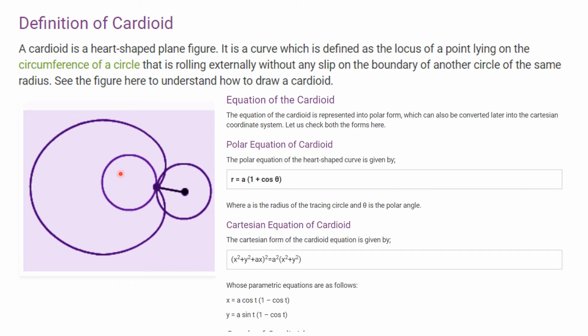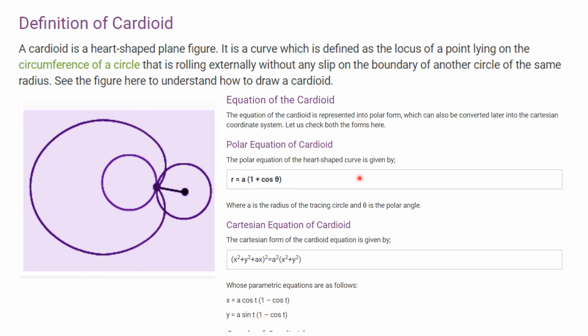You've got a circle of a given radius, and another circle that you roll around it, and we're graphing what happens to a point on the second circle as it rolls around the other. So this point will trace out the cardioid. And it's called a cardioid because it looks kind of like a heart.